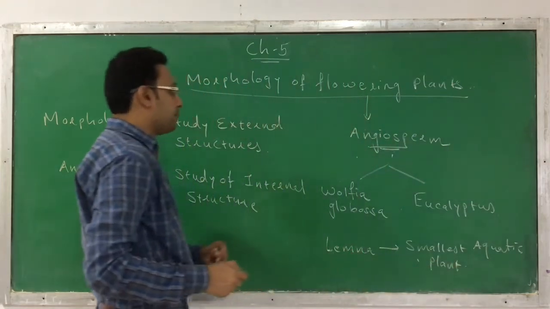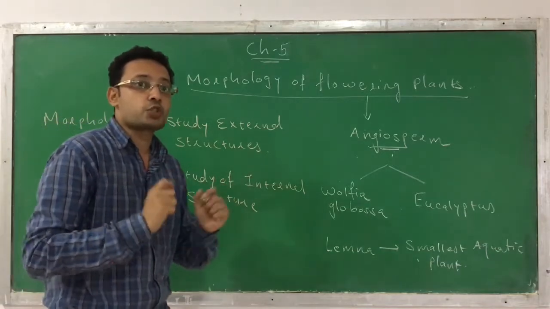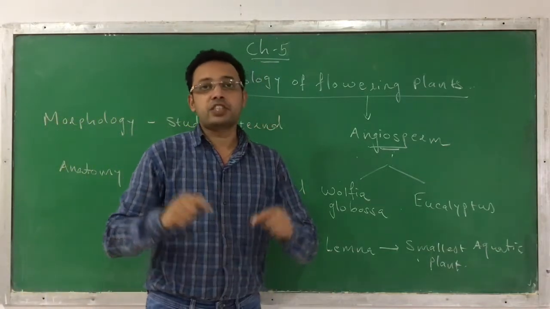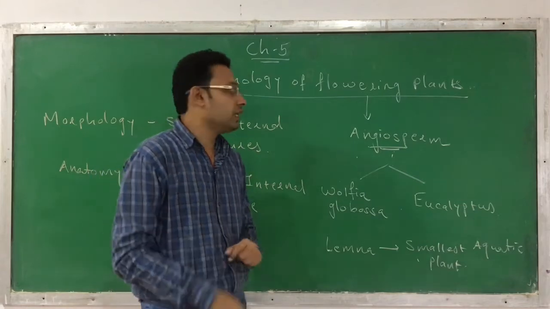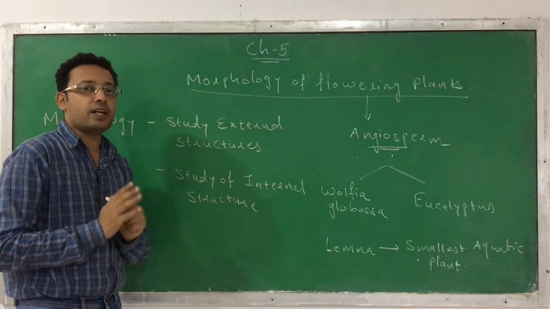Clear? So these are the largest and the smallest angiosperm, and the smallest aquatic plant. This is the general information of this chapter, morphology of flowering plants.